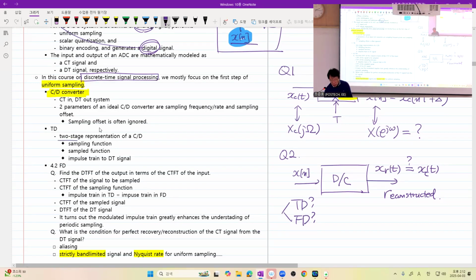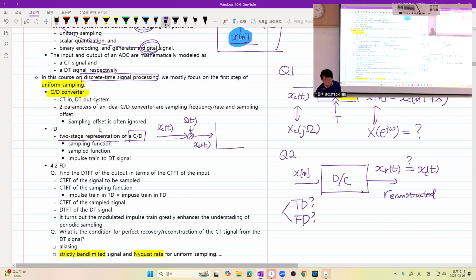So this two-stage representation is for a C2D converter. And we have what? Continuous time signal in. And here goes s(t), called the sampling function. And here goes x_s(t), another continuous time signal. That is, we may say, the sampled signal.